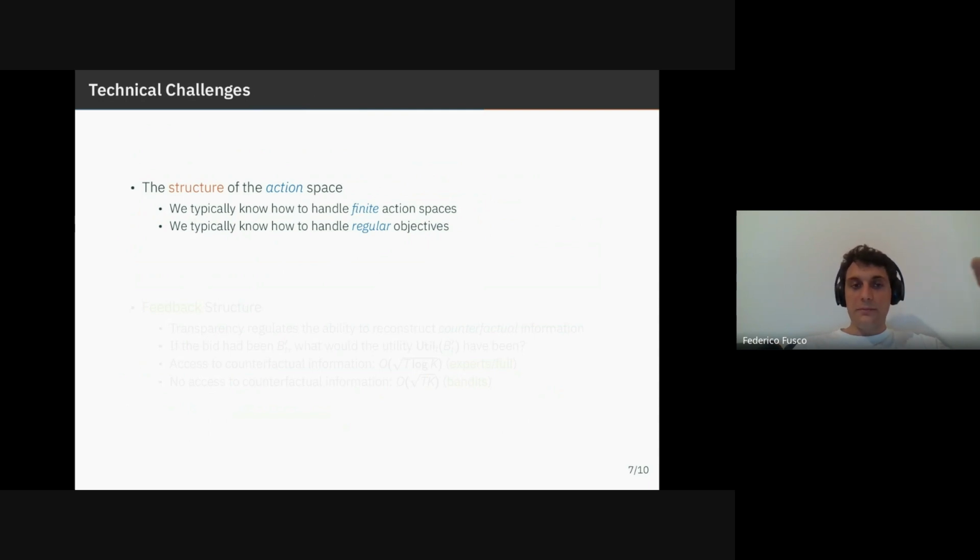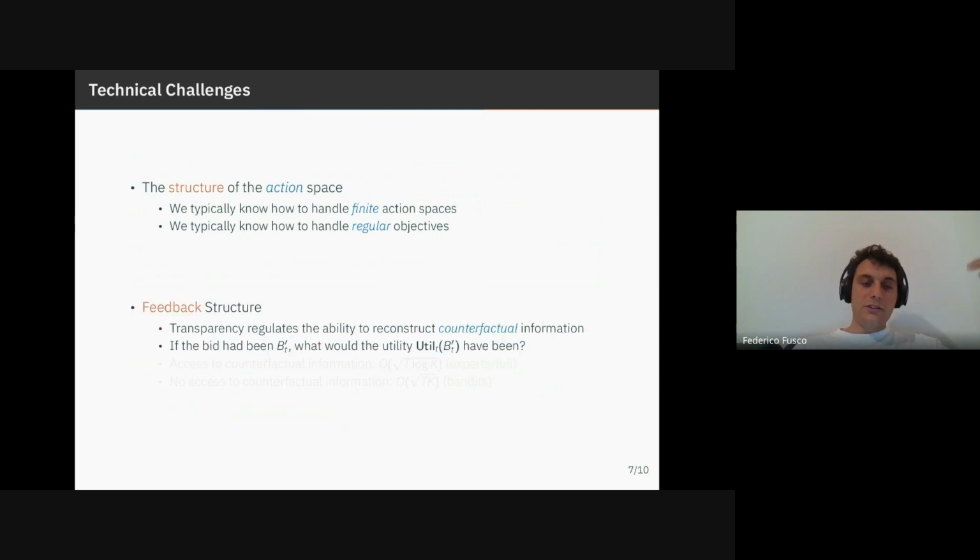But in our problem, this is not the case, because the bid space is the 0-1 interval. A possible fix to this infinite action space is provided in the literature by handling regular objectives, for example Lipschitz or strongly convex functions. But as we will see in the next slide, this is not the case in our problem.